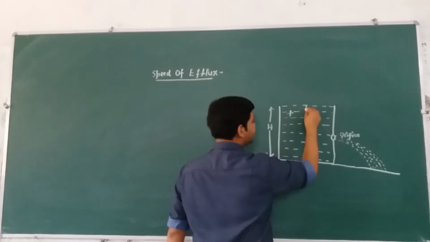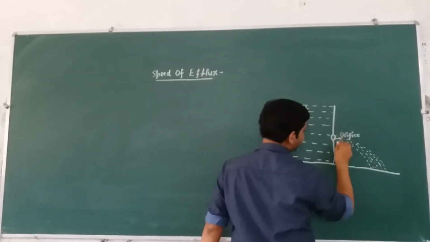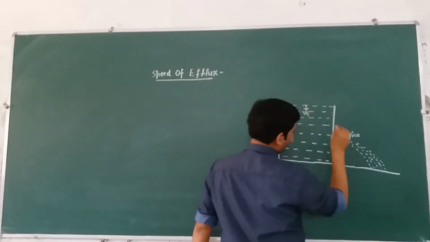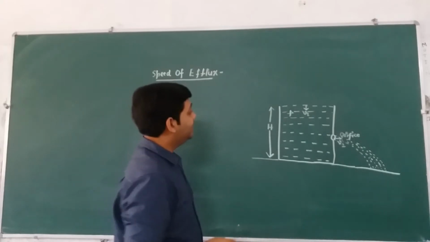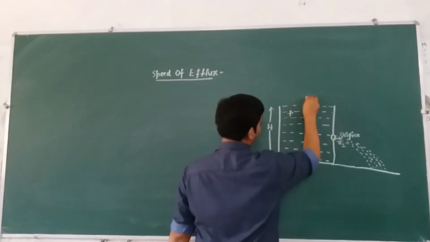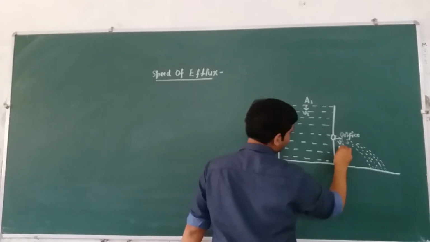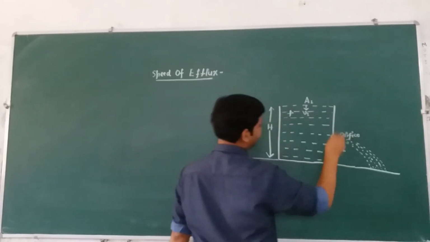Let's say it comes down with velocity v1, and the velocity of efflux here is v2. Let the cross-sectional area of the container be A1, and the cross-sectional area of this orifice be A2.